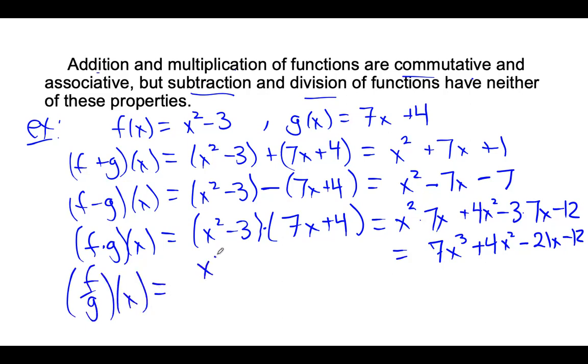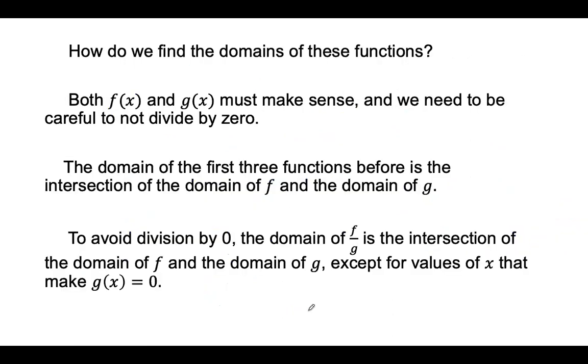It's just going to be x squared minus 3 divided by 7x plus 4. The bottom, of course, cannot equal 0. So this comes to the question of domains. So how do we find the domains of these functions?